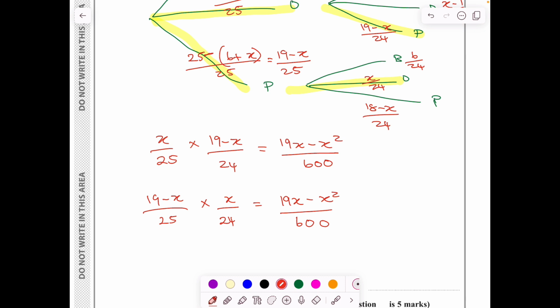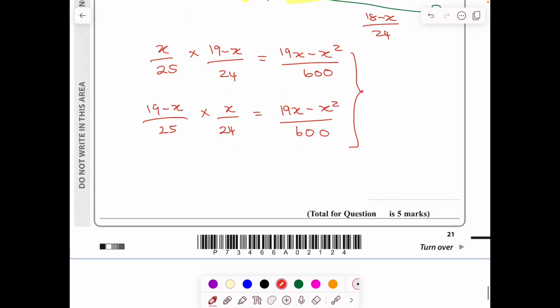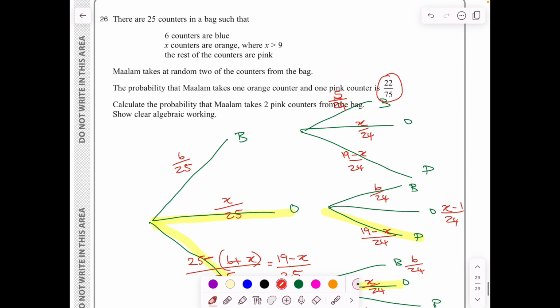Then if I add those two together, I get 19 plus 19, which is 38x, and minus x squared plus another minus x squared, I get minus 2x squared, all over 600, and that gives me 22 over 75, as said here.